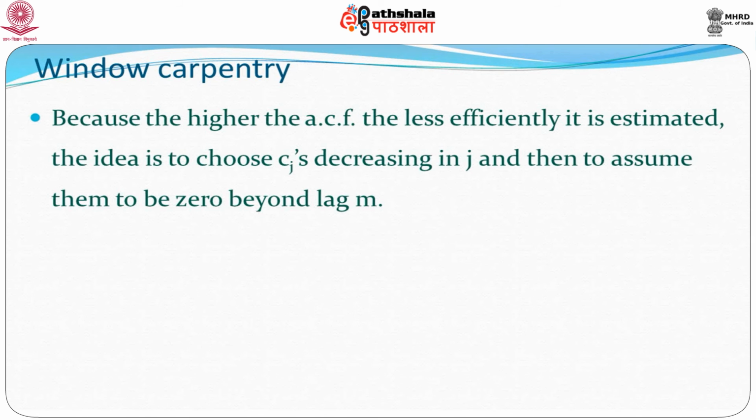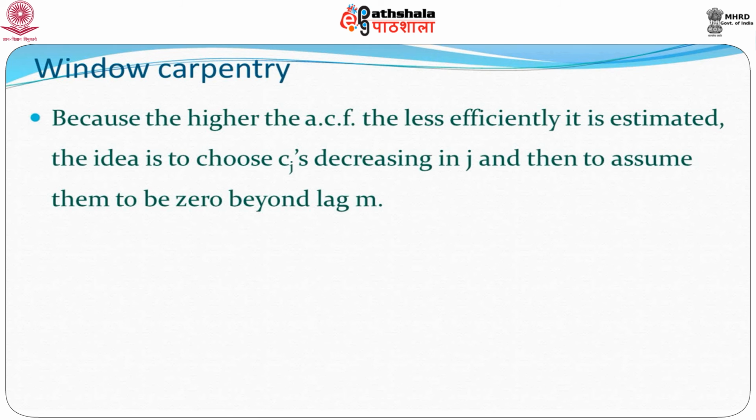So, the higher the order, the less efficient would be the estimator. So, in that case, you should be putting less weight on this, and also the higher lags would have less effect, because as you move further away from each other, there will be less correlation and less weight is put.